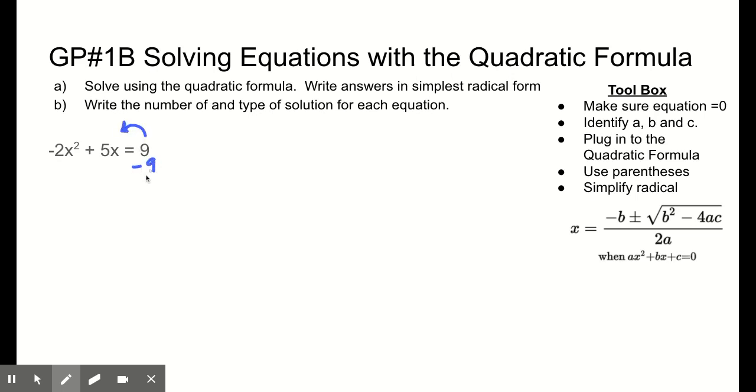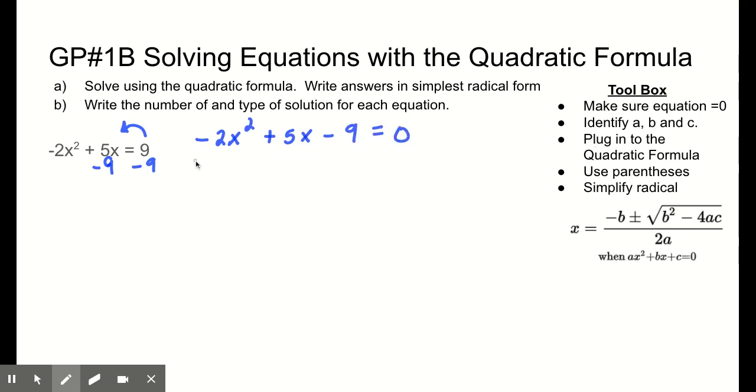So we're going to subtract 9 on both sides. Now remember, when you do that, you can only combine it with other constants, which are other numbers that don't contain a variable, which we have none of on the left-hand side. So when we rewrite this, it's going to just be its own term. So we have negative 2x squared plus 5x minus 9 is equal to 0.